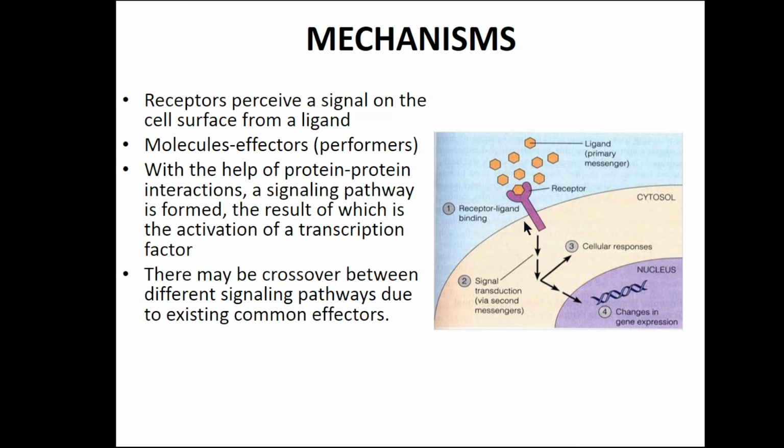Then the signal starts to come inside of the cell and starts to work in signal transduction via second messengers. And this signal can stay in the cytoplasm and give cellular responses, or come to the nucleus and activate transcription factors.